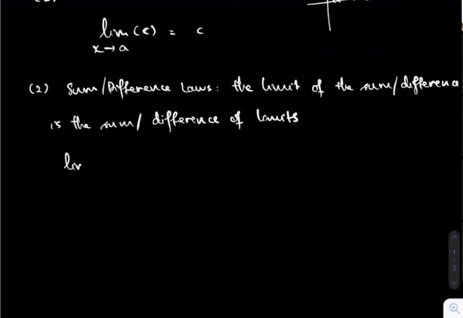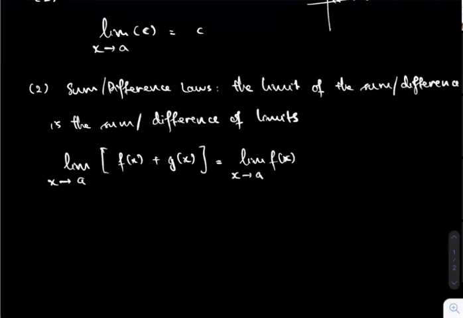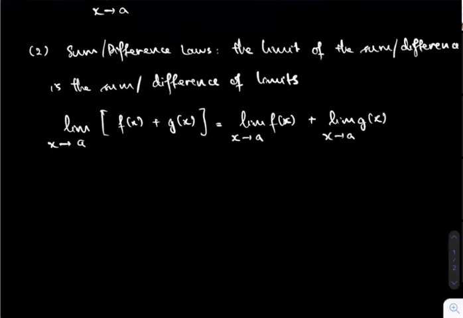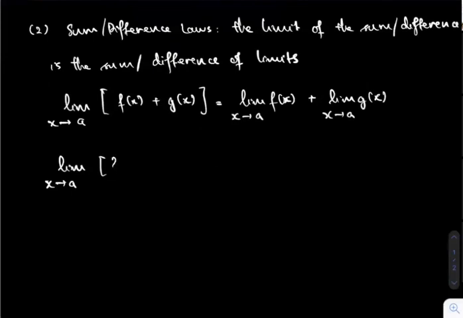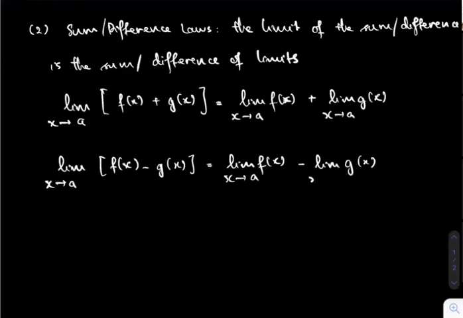So the limit as x approaches a of f of x plus g of x is equal to the limit of f of x as x approaches a plus the limit of g of x as x approaches a. And it's the same for the case of minus, or difference. Let me write this down: the limit as x approaches a of f of x minus g of x is equal to the limit of f of x as x approaches a minus the limit of g of x as x approaches a.